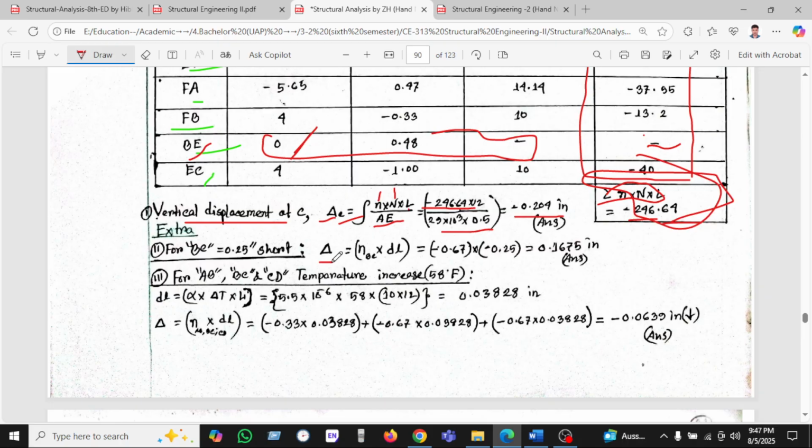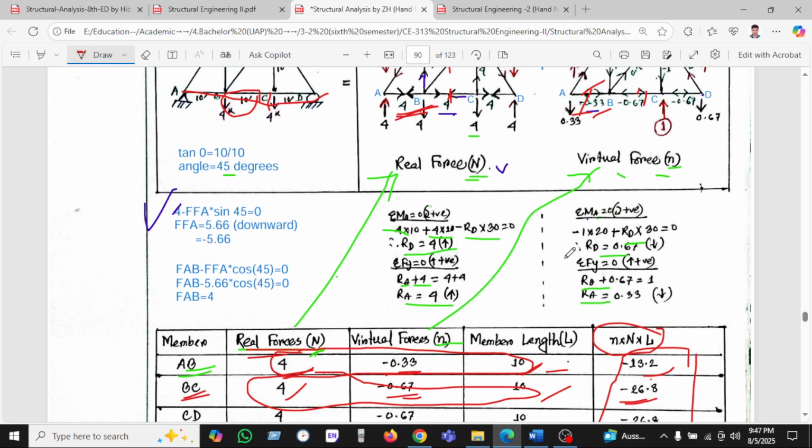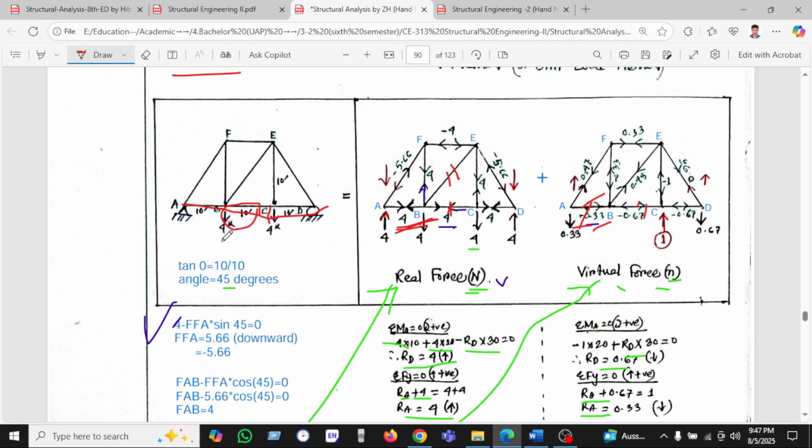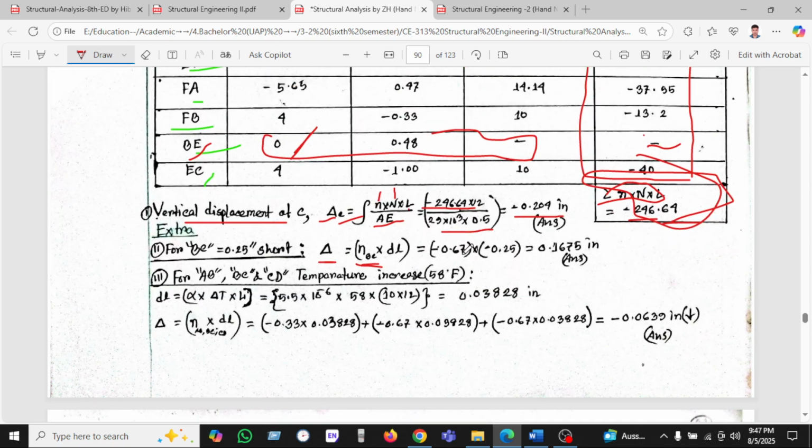Then we can calculate the deflection, which is n into delta L for BC, where n is only the real truss force in the member. So for BC the real truss force is 0.67, as seen here, and delta L equals 0.25.